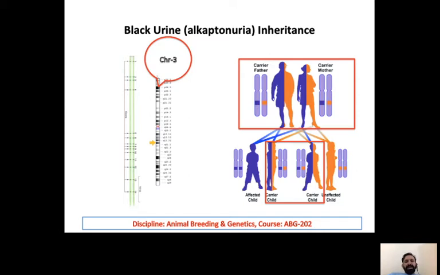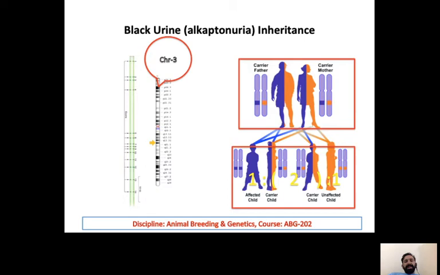Indifferent to sex, the offspring are expected to be affected or not affected. Now, this can lead us to the experiments conducted by Mendel, because here you can see the classical ratio 1 to 2 to 1. 1 is normal, 2 is not affected but carrier, and then again 1 is affected.